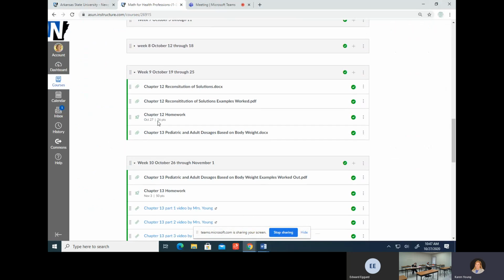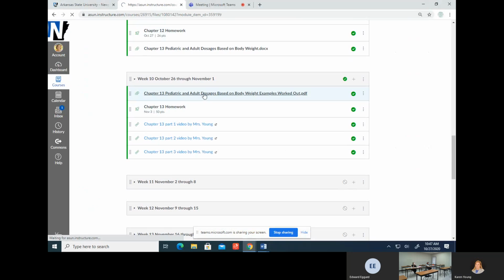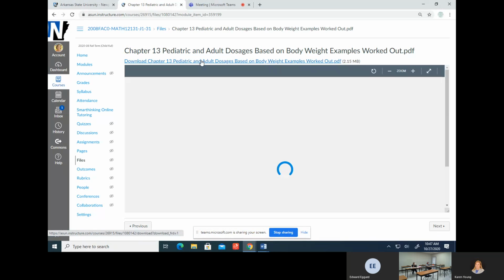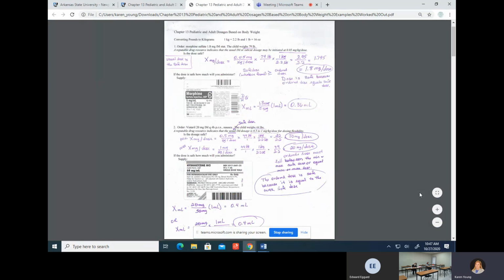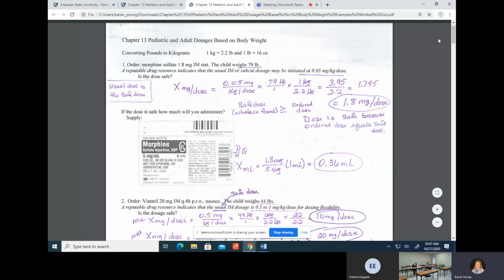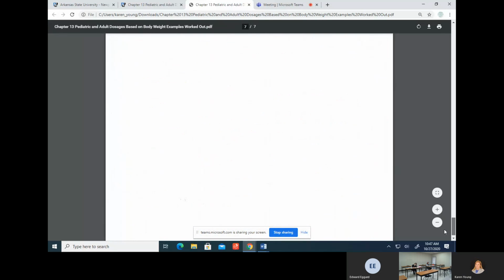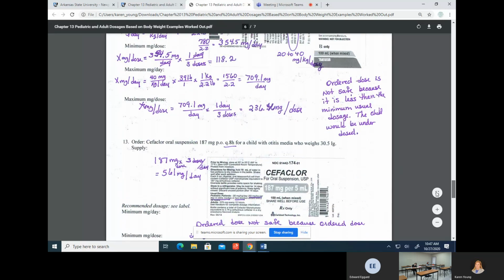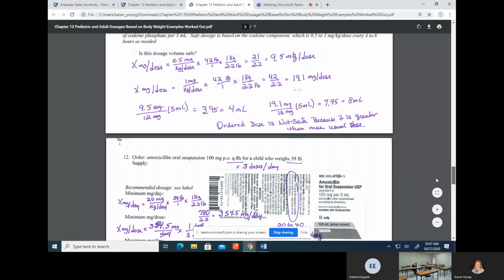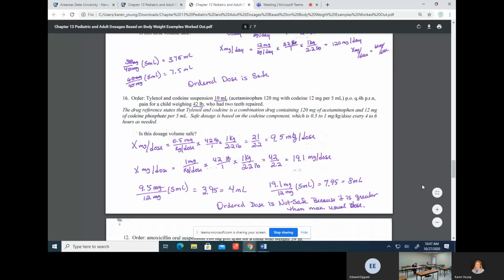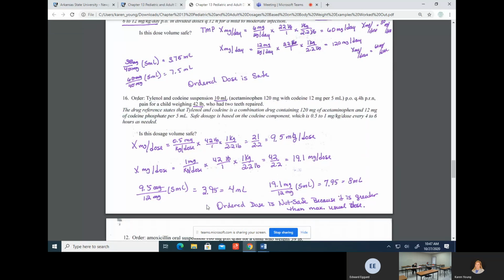When in doubt, you check your solution. Okay. I had that right, the 9.5 to the 19.1.